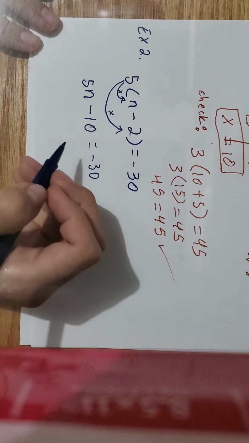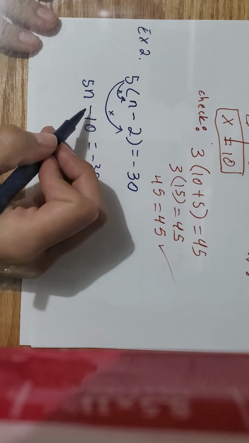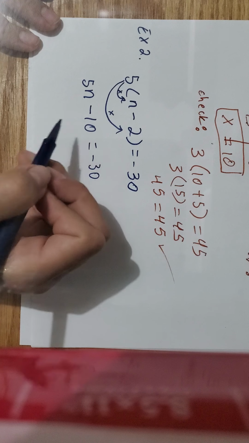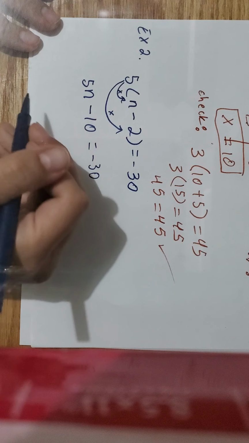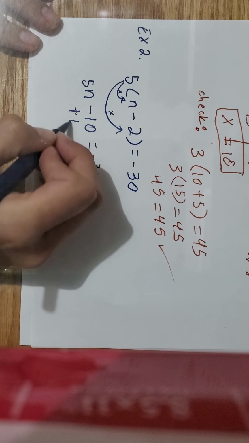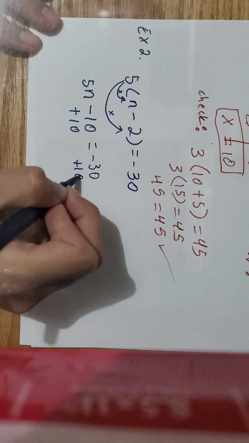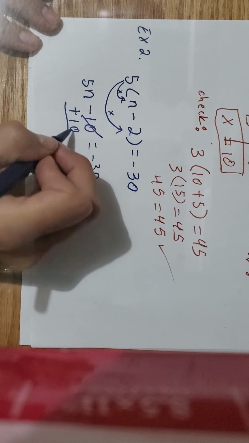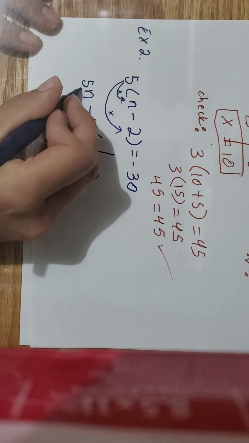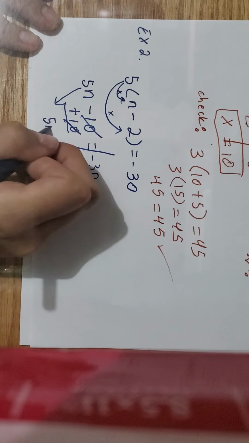Now, on this one, we don't have addition like we had on the first example. We have subtraction. So the opposite of subtraction is addition. So we're going to add 10. The 5n follows.